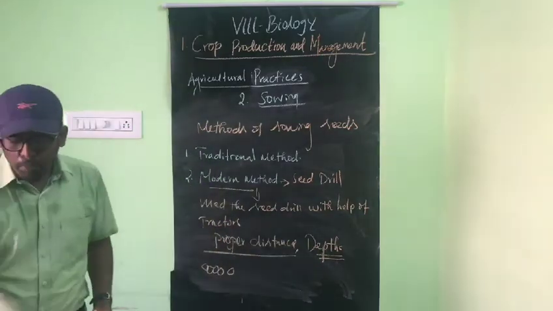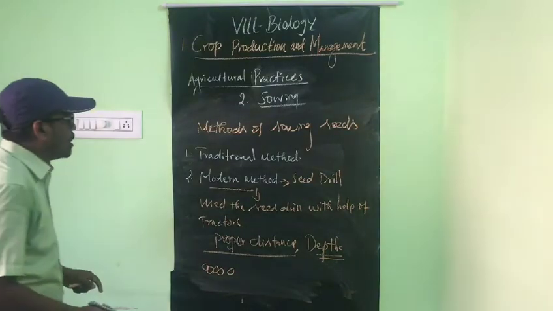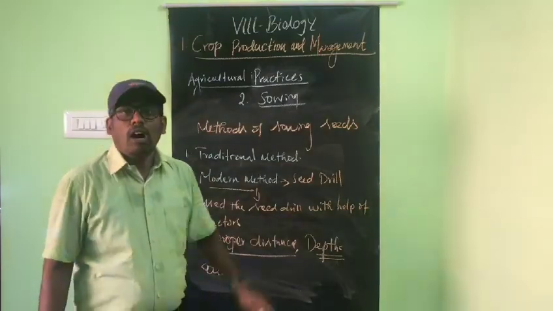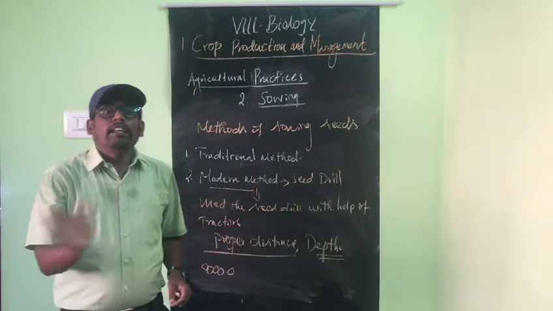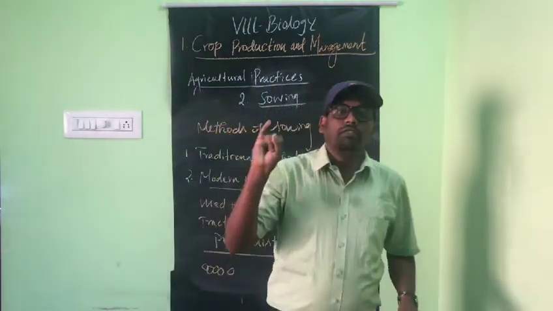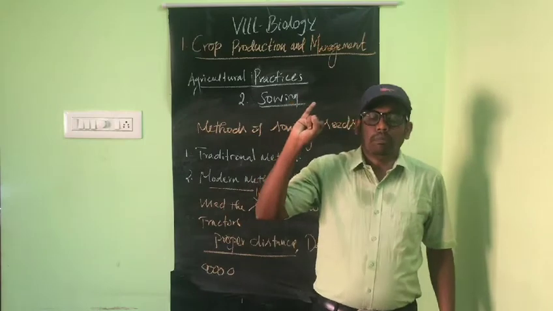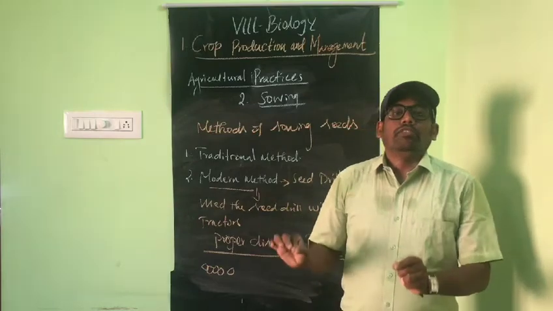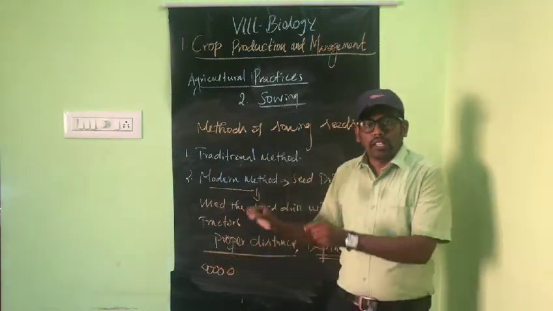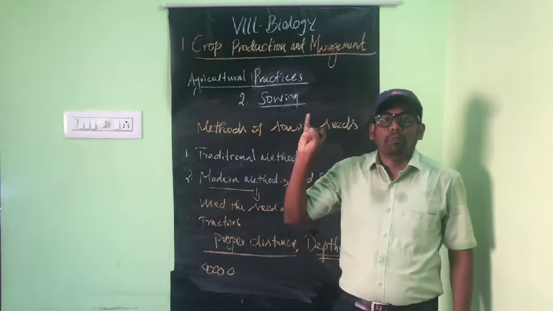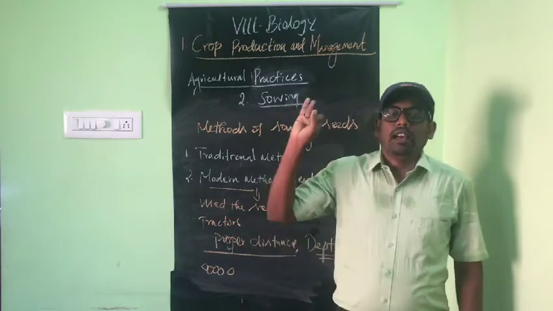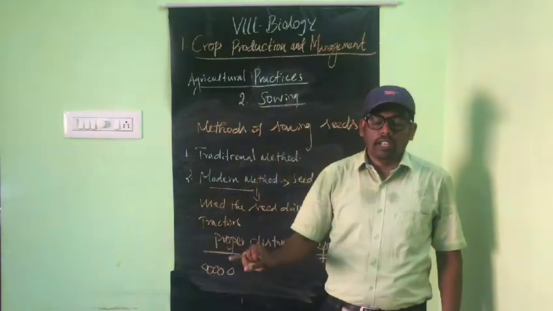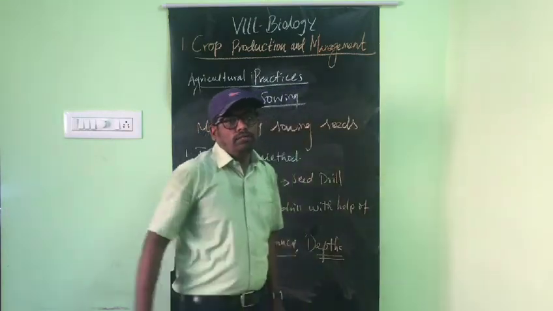If there is no proper distance, more than one seed grows in the same area, there are not sufficient nutrients and no proper sunlight. Without proper sunlight and nutrients, the plants will not grow well.